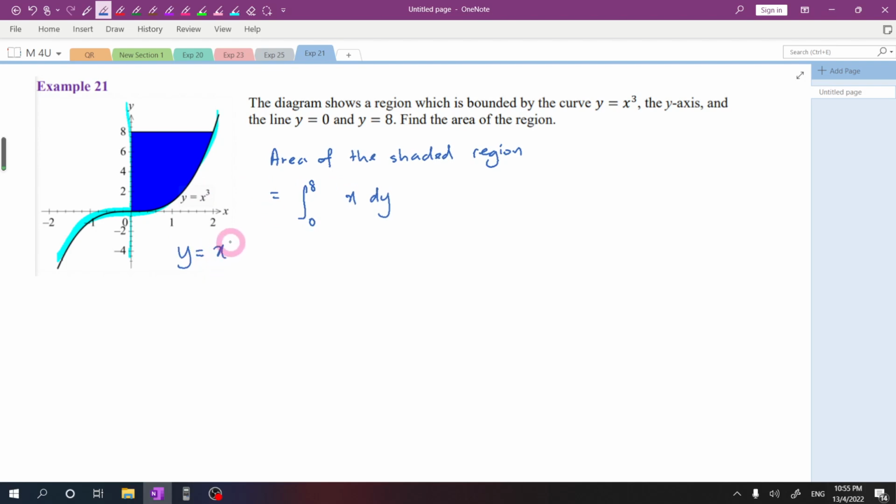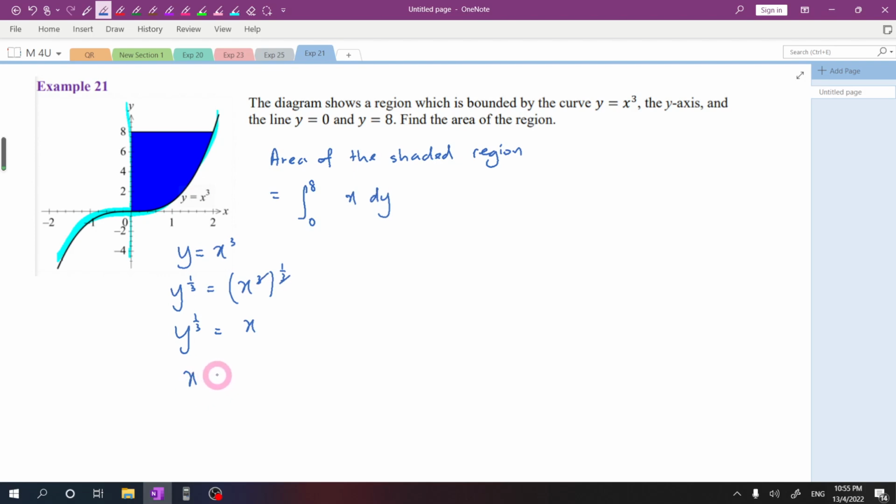Y is equal to x power 3. We cube root both sides, so cube root is actually equal to raised to the power of 1 over 3. Okay, so you will get x.